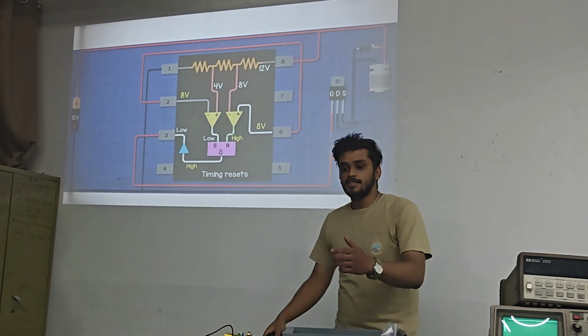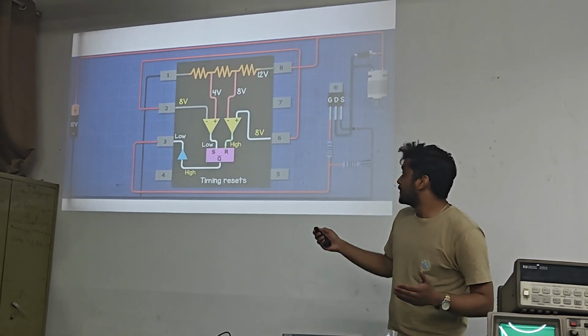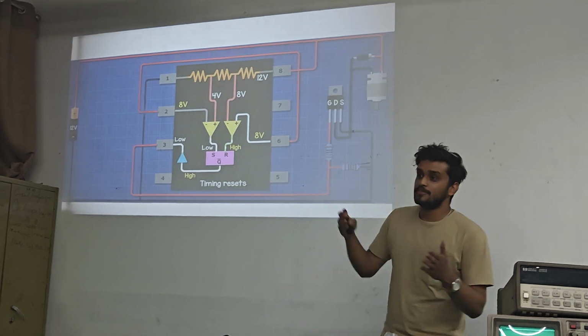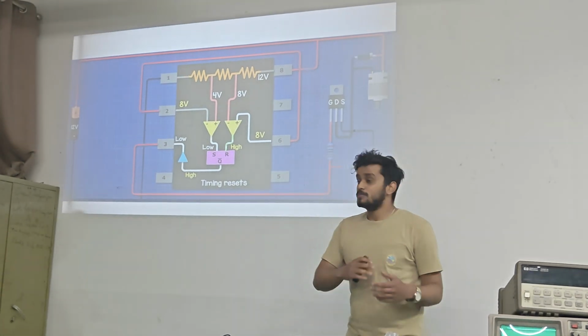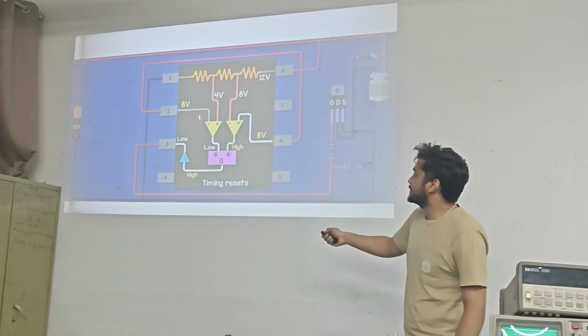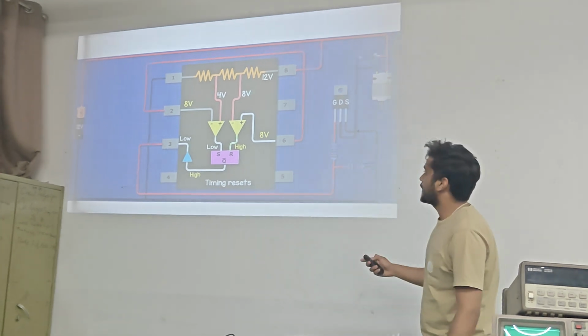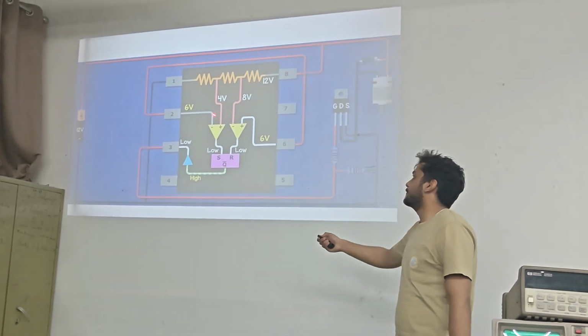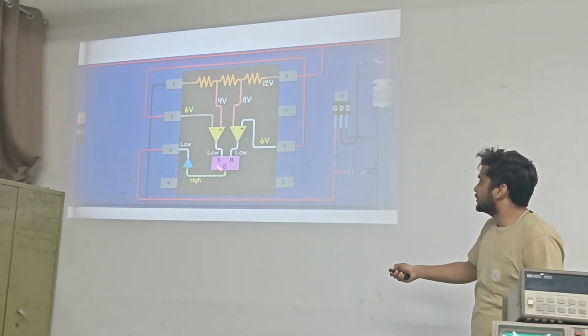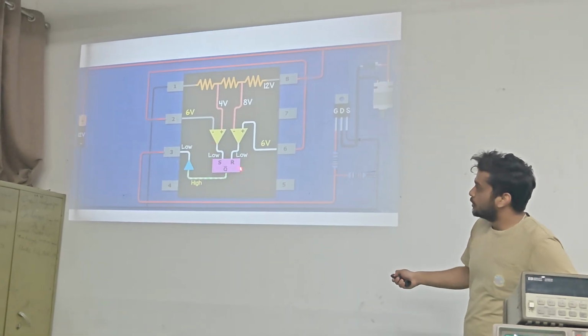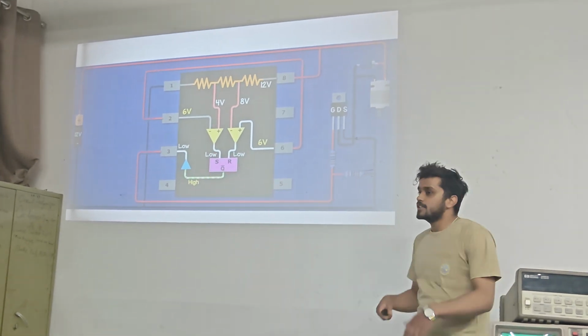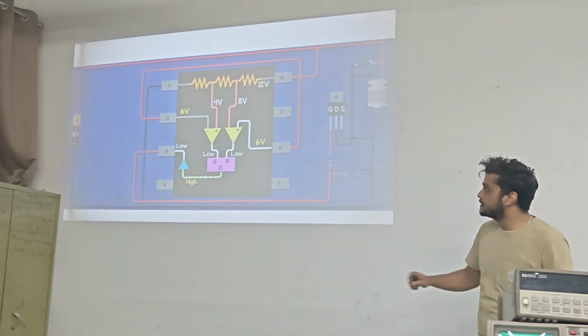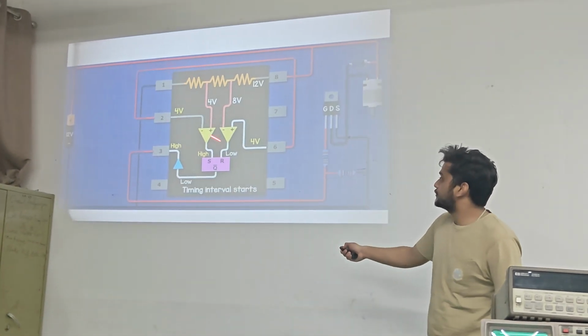So what we have done here is, when we supply voltage from 3.9 volts to 8 volts in pin number 2, the MOSFET will be on. And when it reaches 8 volts, the MOSFET will be off. Now again, if I decrease the voltage from 8 volts, both inputs of the SR flip-flop will be low, so it will retain its previous state and the MOSFET will still be off until it reaches 4 volts.